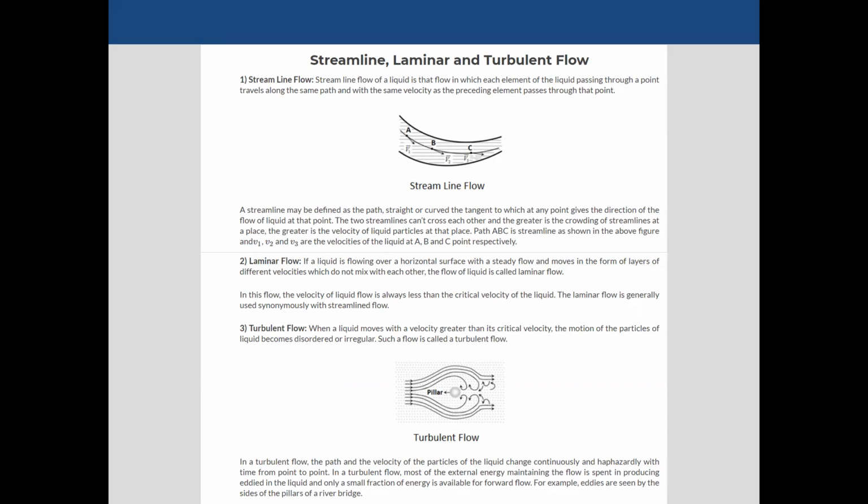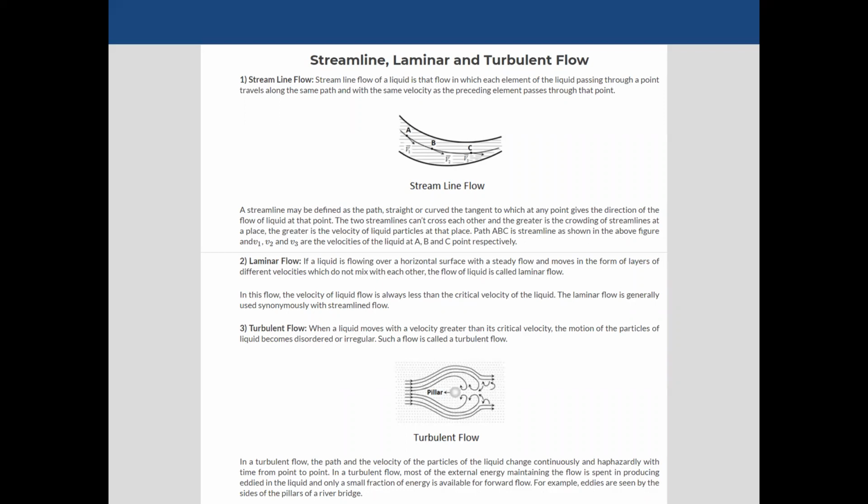There are other ways of defining streamline, laminar, or turbulent flow. Streamline flow of a liquid is the flow in which each element of the liquid passing through a point travels along the same path and with the same velocity as the preceding element had at that point. So basically, the velocities V1, V2, V3 at points A, B, C will be mostly the same.